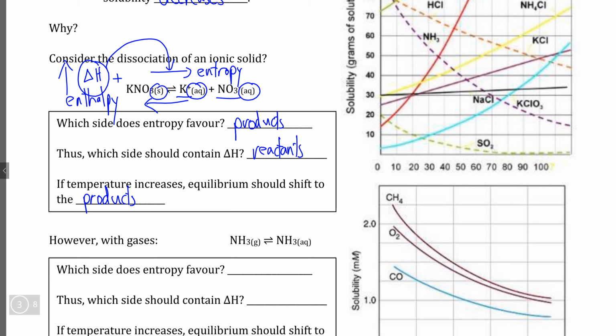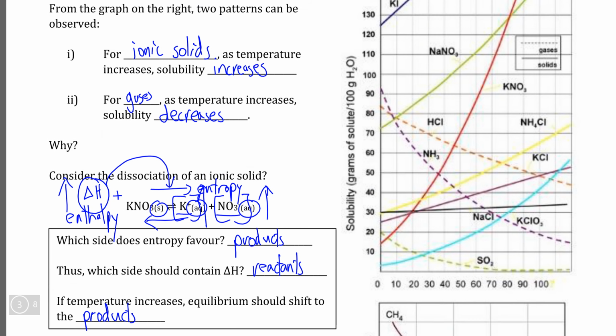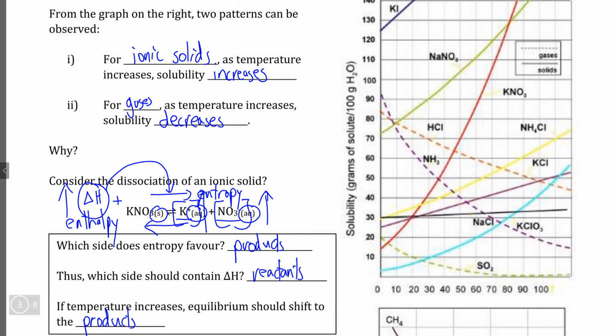Therefore, if we assume that delta H is in the reactants, a temperature increase will disproportionately affect the forward reaction more, and therefore a temperature increase will lead to more products being formed, meaning that the ion concentrations of potassium and nitrate should increase, meaning that more of it should be able to dissolve.